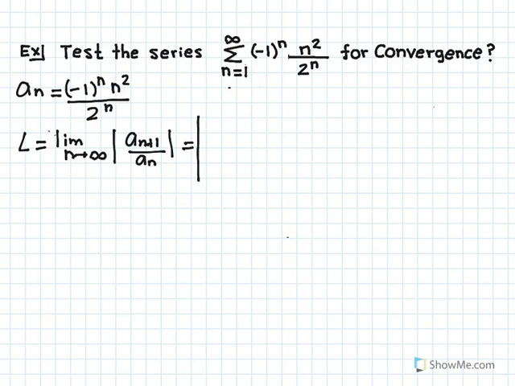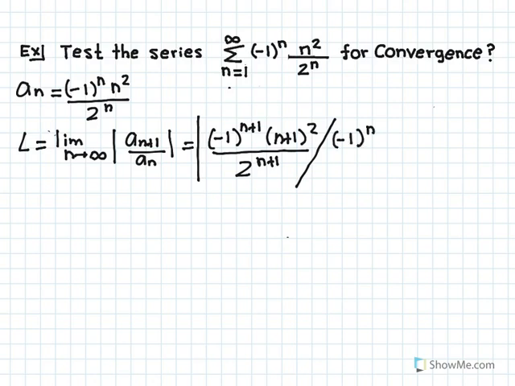This is equal to the absolute value of negative 1 to the power of, plug in n plus 1 wherever we see an n, so negative 1 to the n plus 1, times n plus 1 squared divided by 2 to the power of n plus 1, divided by the original fraction, negative 1 to the power of n times n squared divided by 2 to the power of n.